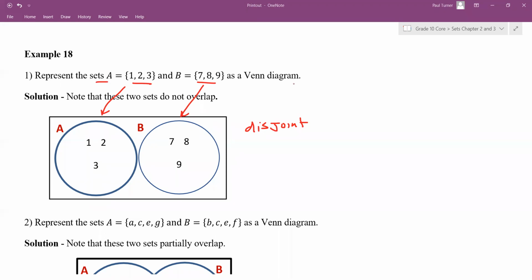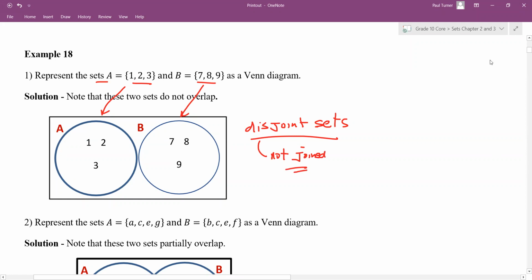So disjoint sets. That means they're not touching. Disjoint means not joined. So not joined. But we're going to look more at these a little bit later when we do some calculations. So they show no overlap. No overlap, they don't touch. So the circles don't touch each other in this case.